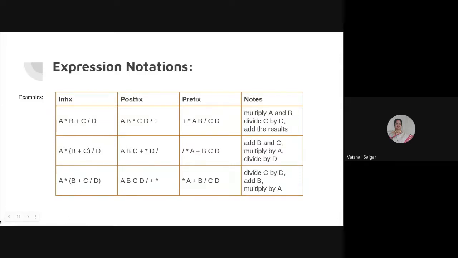So we will add B plus C, then we will multiply by A and then divide by D. Now, when we are going for the third expression, A into bracket B plus C divided by D, at that time, but obviously, we are checking the precedence of the operators. And based on that precedence, we are going to perform the operation from left to right, right? So all these are the basics which you are knowing.